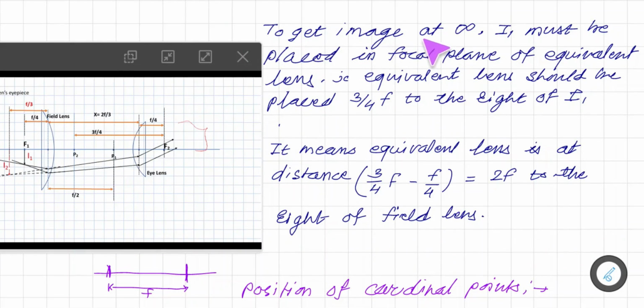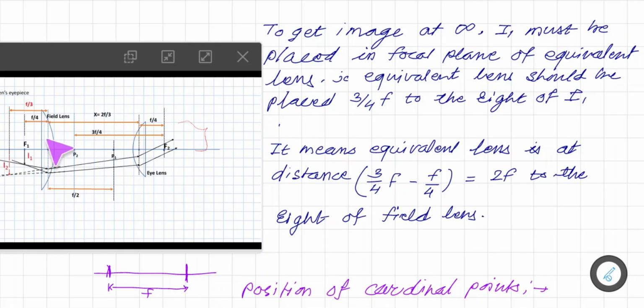To get the image at infinity, the most important thing is that I1 must be placed in the focal plane of the equivalent lens. That is, the equivalent lens should be placed at 3 by 4f to the right of I1.